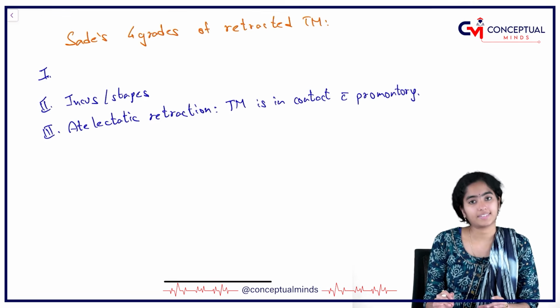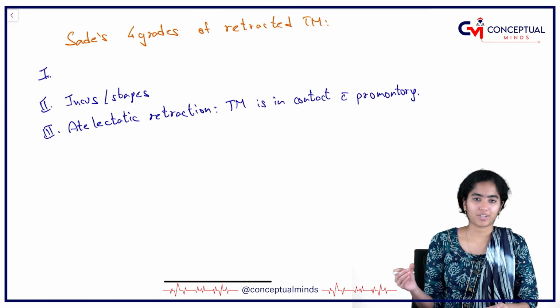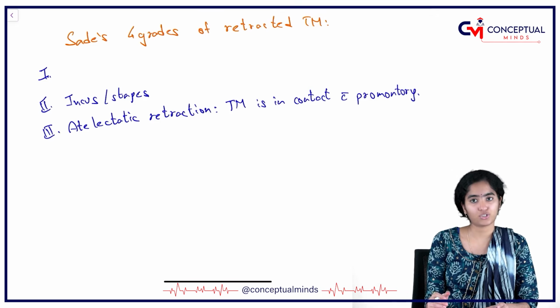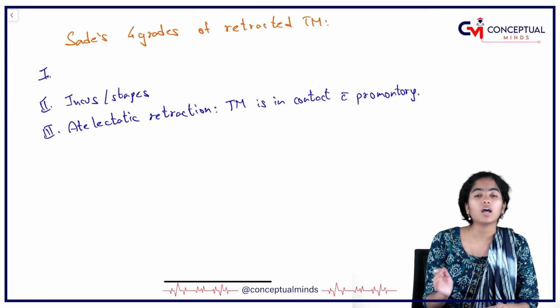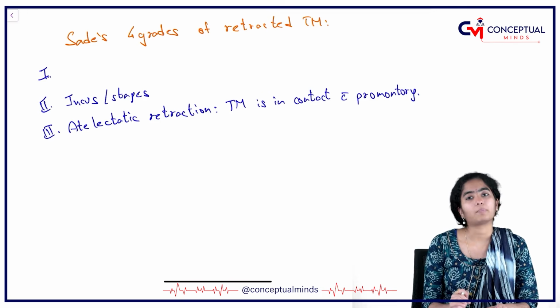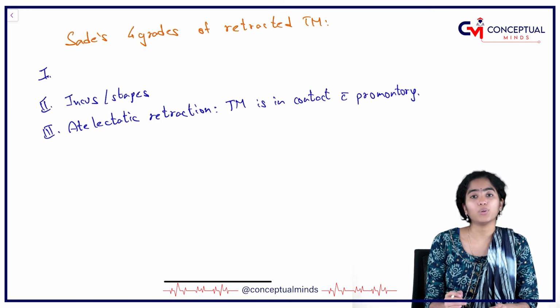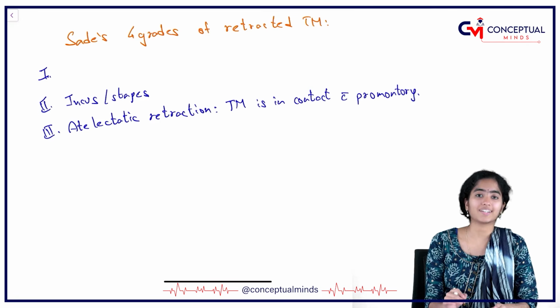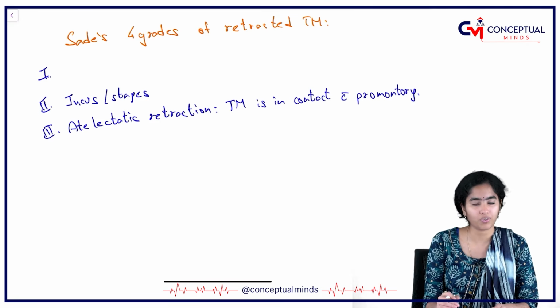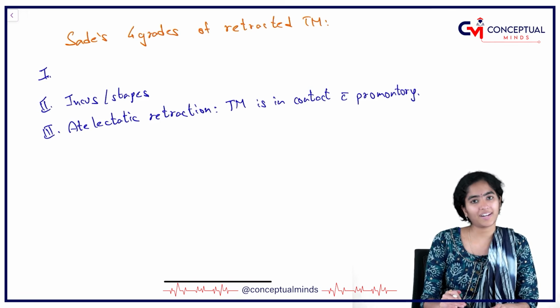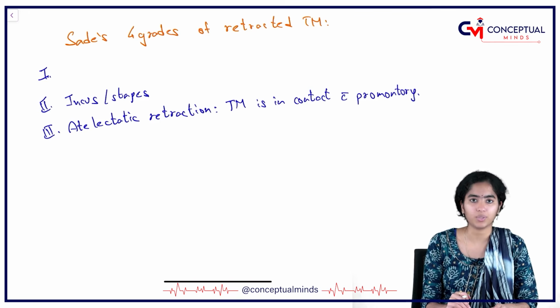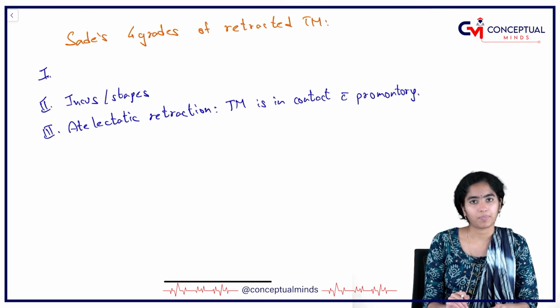But even until this stage, if you apply pressure from outside on sigillization or on doing Valsalva maneuver, the tympanic membrane will again come back to its normal place. I told you Valsalva maneuver is not just a diagnostic test for eustachian tube function, it is also a therapeutic maneuver, a treatment maneuver for a retracted tympanic membrane.